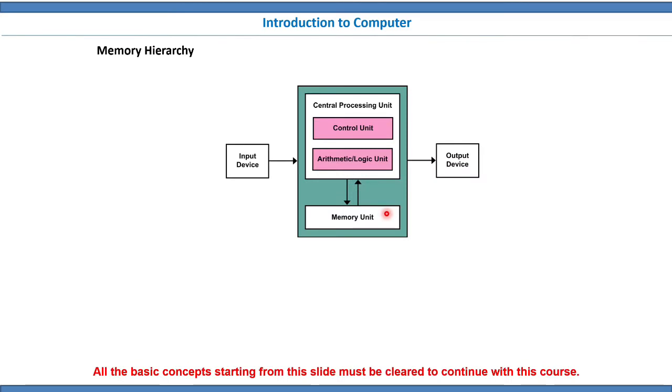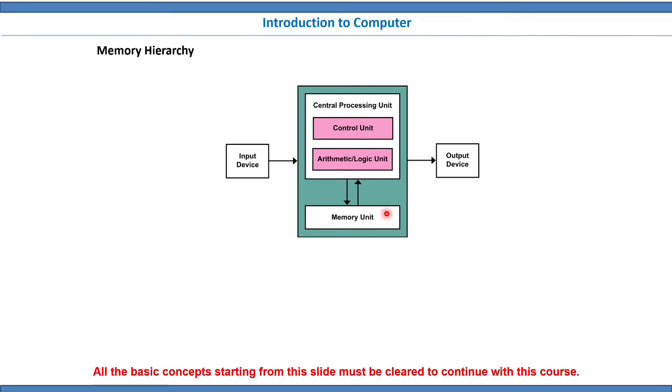Okay, so this is the most important slide. Whatever I explain from here is very, very important for this course. Whatever I explained before this slide, you may or may not know it properly, and that is fine for this course. But all the basic concepts that I'll explain from this slide, you have to understand very, very properly.